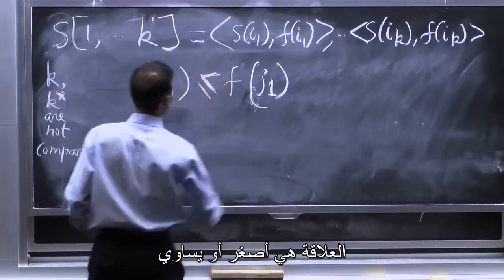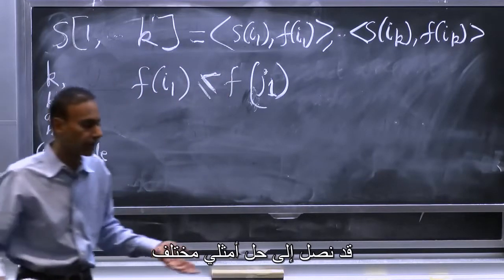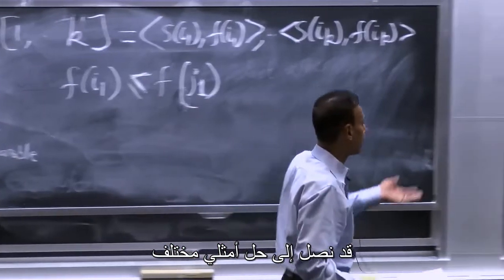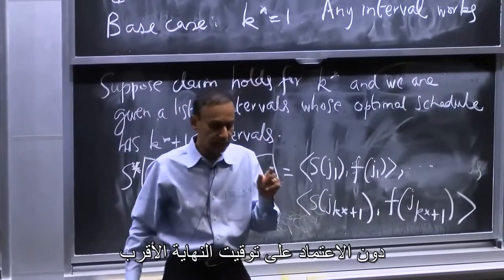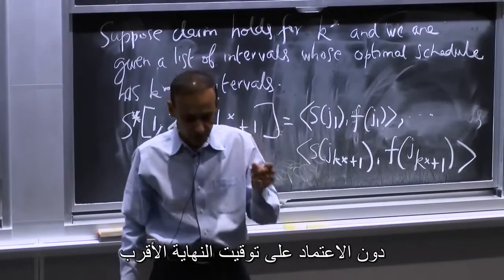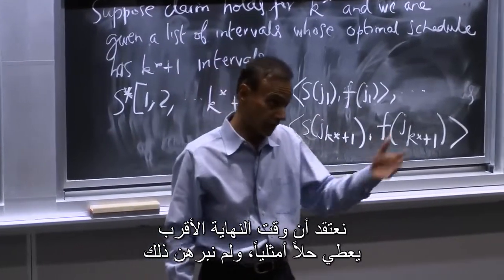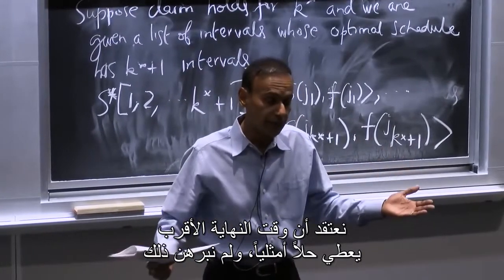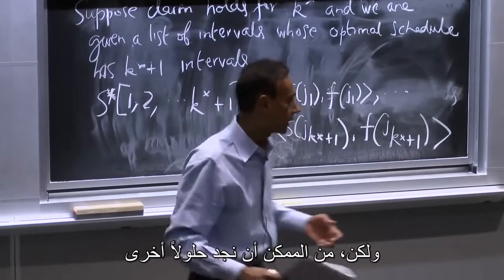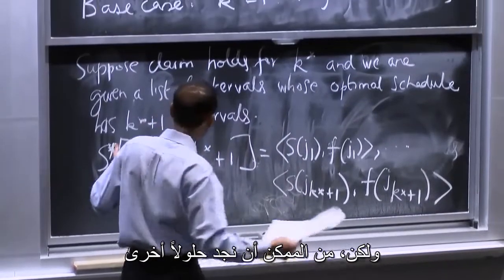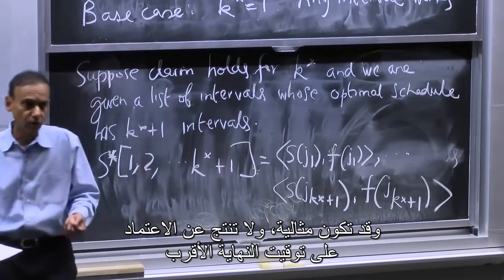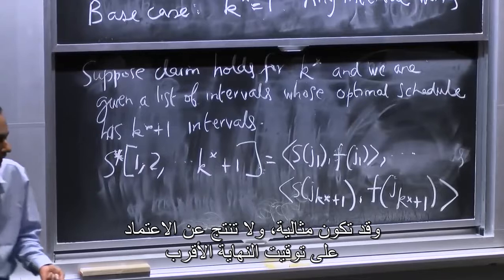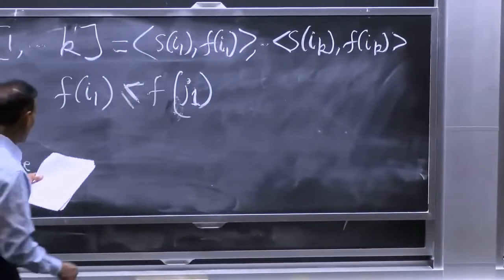So they're less than or equal to. It's possible that you might end up with a different optimal solution that doesn't use the earliest finish time. We think earliest finish time is optimal at this point. We haven't proven it yet, but it's quite possible that you may have other solutions that are optimal that aren't necessarily the ones that earliest finish time gives you, right? So that's really why the less than or equal to is important here.